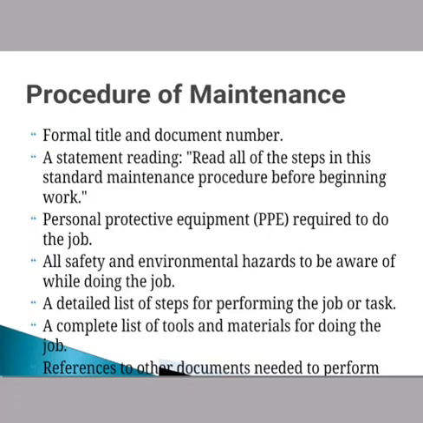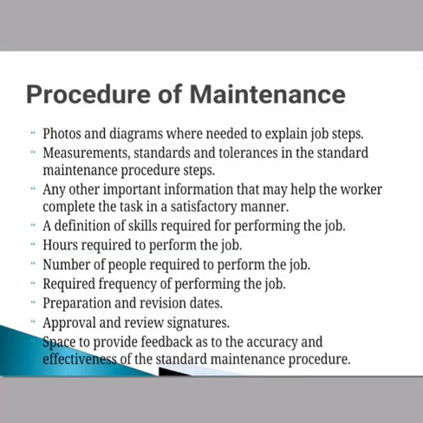We have photos and diagrams where needed to explain the job steps. Then we have to know the measurement standards and tolerances in the standard maintenance procedure steps, and any other important information that may help the worker to complete the maintenance work in a satisfactory manner.